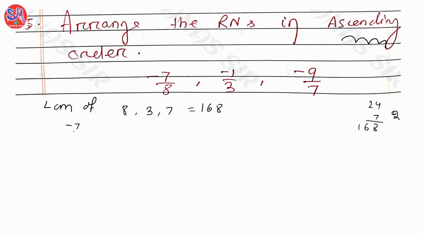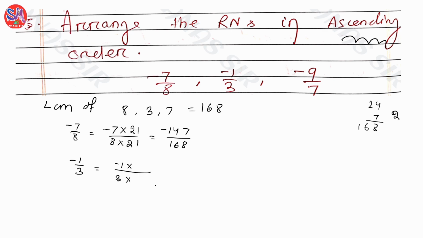Now make the denominator 168. That is minus 7 by 8 equal to minus 7 into, 8 into how much? Now 8 multiplied with 21, then we get 168. Same, multiply the numerator: 7 1s are 7, 7 2s are 14, that is minus 147. Again, minus 1 by 3 you can write as minus 1 into, divided by 3 into.